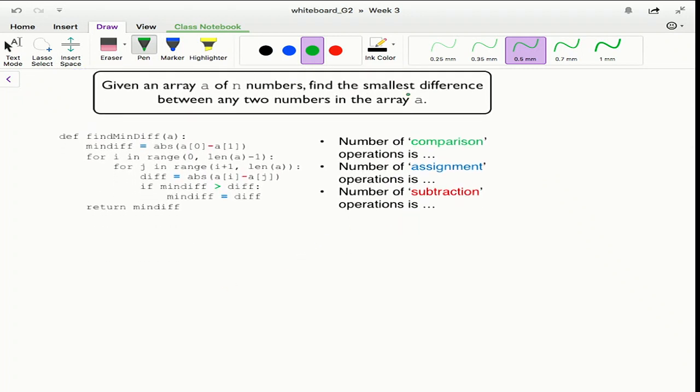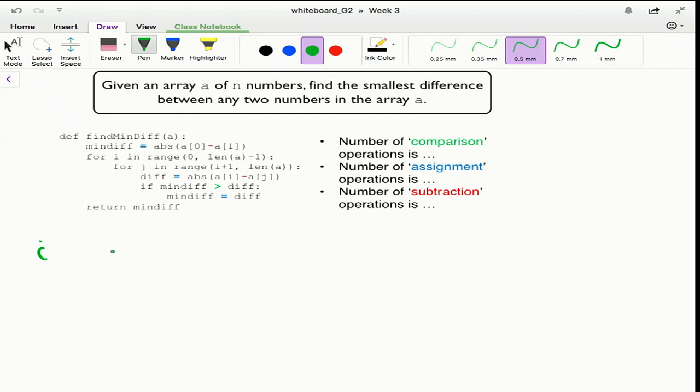Now we want to find the smallest difference. The difference here, we first start with the difference between two numbers, which is the first number a0 and the second number a1. The abs there is a function to derive the absolute value, meaning regardless of the sign. Now we then go inside here and we go into a loop of i.